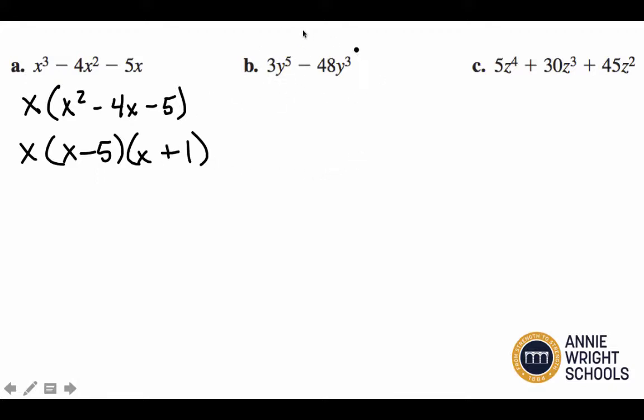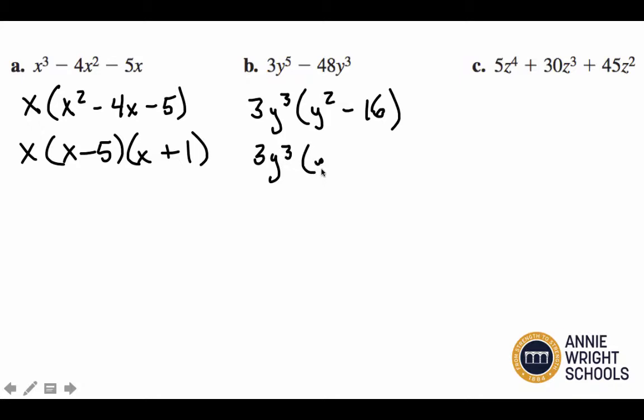Good. What about here? They both have a common factor of 3y cubed. When you take that out, you're left with y squared minus 16. Recognizing y squared minus 16 as a difference of two squares, this factors to y minus 4 times y plus 4. And in this last example, noticing the common factor of 5z squared, taking that out, I'm left with z squared plus 6z plus 9.